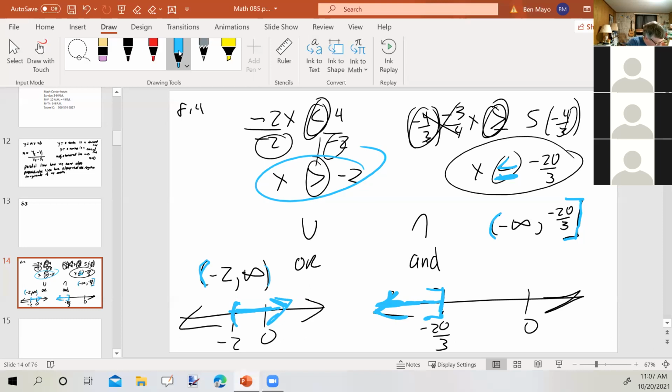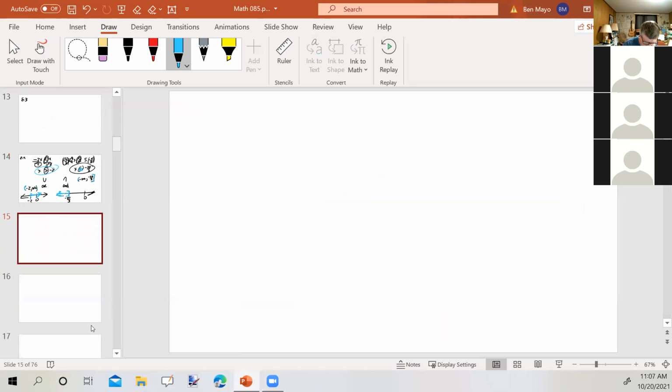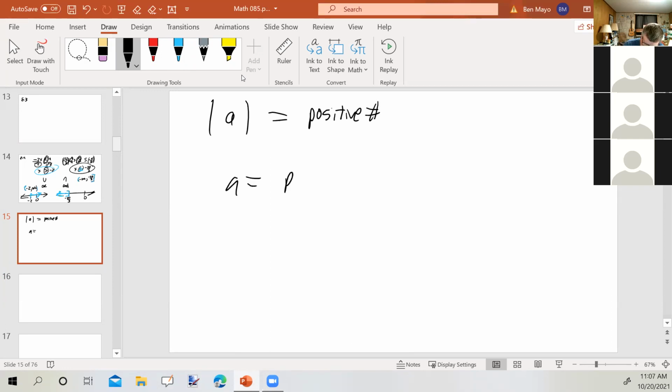All right, let's see. Absolute value equations, solving those. If you've got the absolute value of A equals a positive number, then A equals the positive number, or A equals the opposite of the positive number.